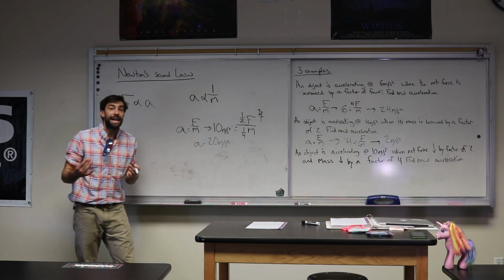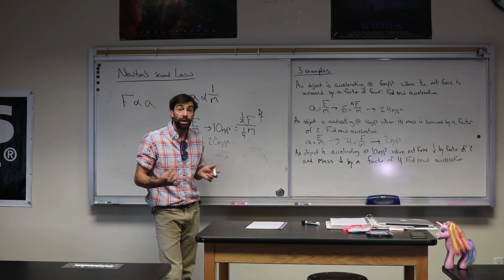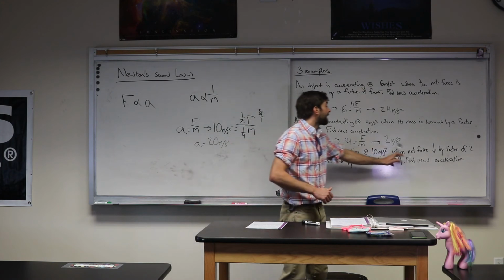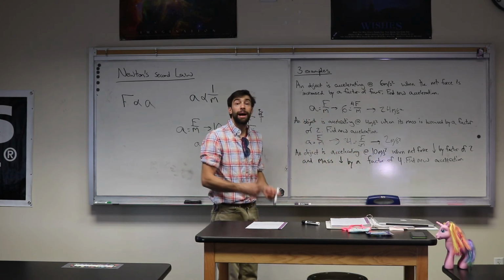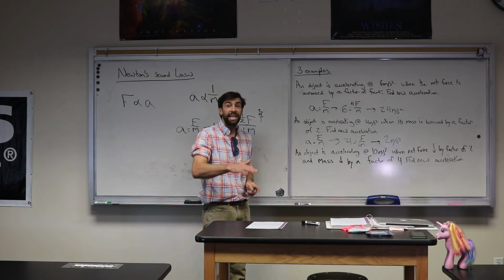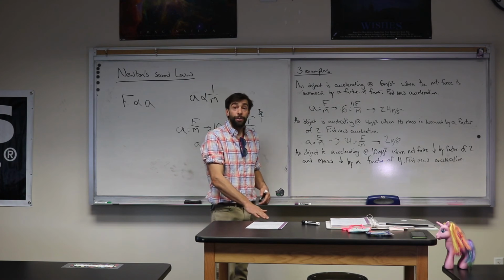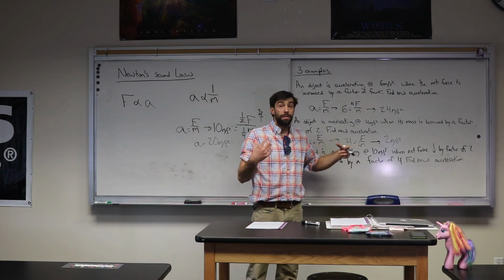Now if that doesn't make sense mathematically, let's talk through it conceptually. If an object is accelerating at 10 meters per second squared, and then the force is decreased by a factor of 2, so it's cut in half, the acceleration is going to go down, right? Because I'm not pushing as hard. So it's going to drop by half.